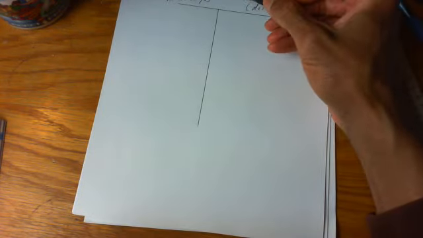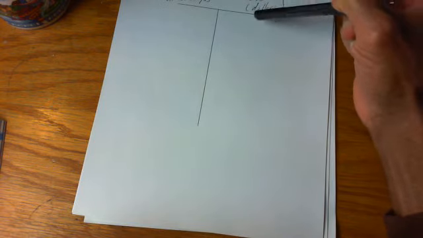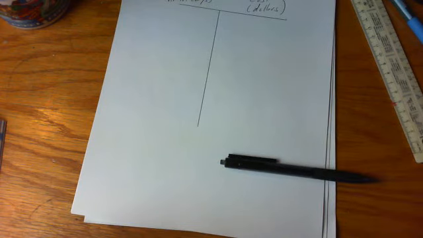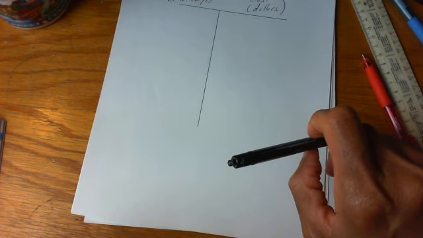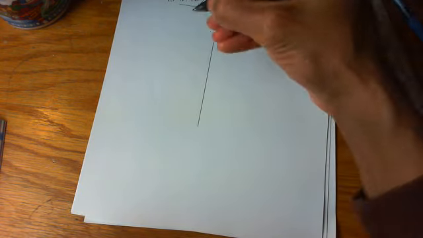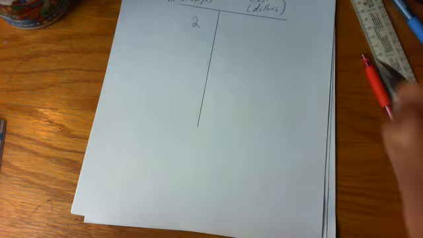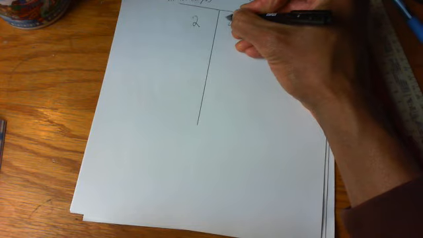We created a table, just a T-chart with a line straight down, with the length of rental days and the cost in dollars. Our first question was find the cost of renting the trailer for 2 days. So the amount of time is 2 days, and the amount of dollars for 2 days would be 40.